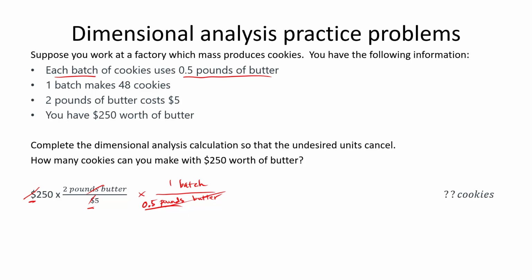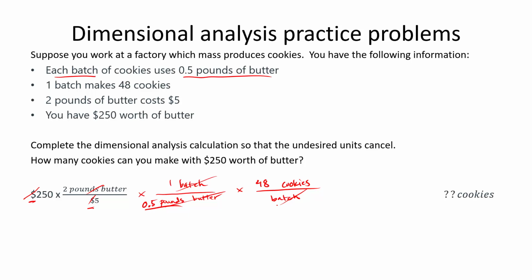Now we want to go from batches to cookies. So in order to get rid of batch, we need to multiply it by something with batch on the bottom. And we know one batch makes 48 cookies. So with 48 cookies per one batch, we could multiply by that conversion factor, and that would cancel out.